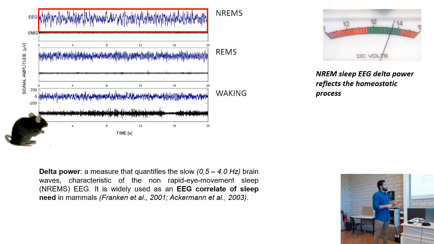Basically what it means is the higher the EEG delta power, the more of these slow waves, and therefore the deeper the sleep, the better the quality of the sleep. So just keep in mind that non-REM sleep EEG delta power reflects the homeostatic process. So if there is high delta, good sleep. If there is low delta, less good sleep.